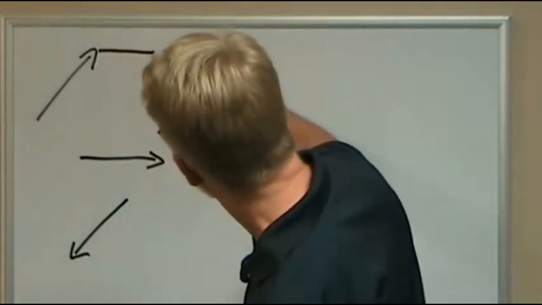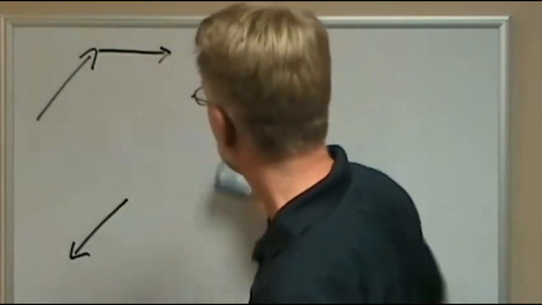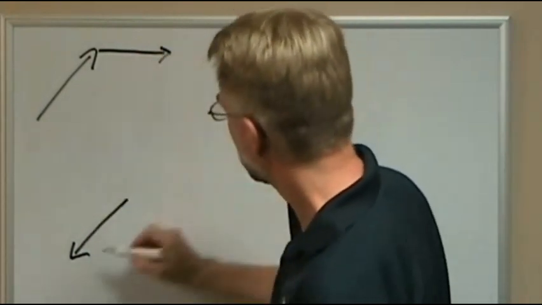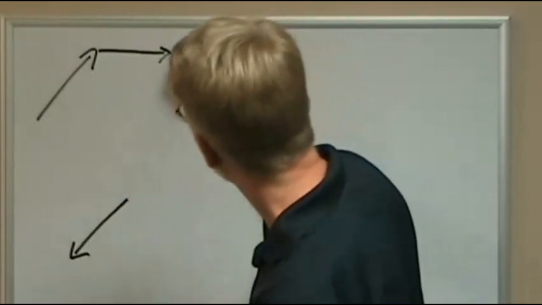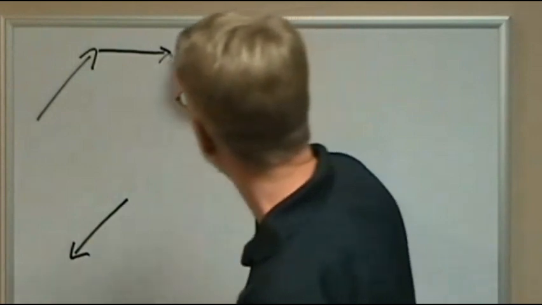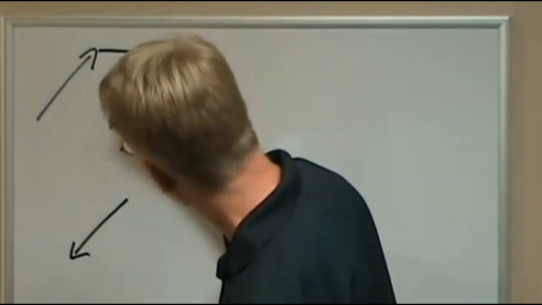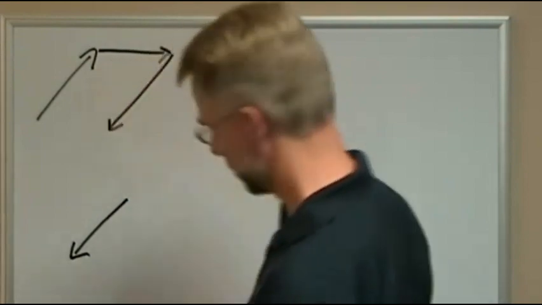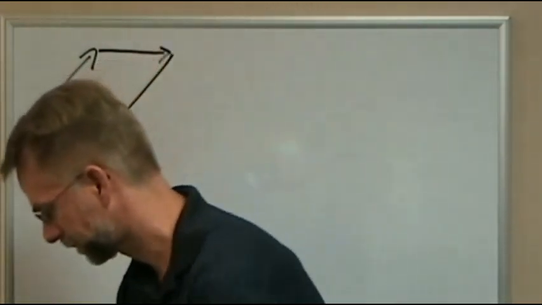So that'll go about like that. Okay, he's taken care of. Now from the tip of that one, I'm going to start with the tail of my next one. That's what's called tip to tail. All right, and that one goes down about like that. Okay, that takes care of him.